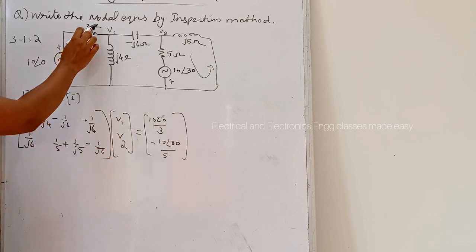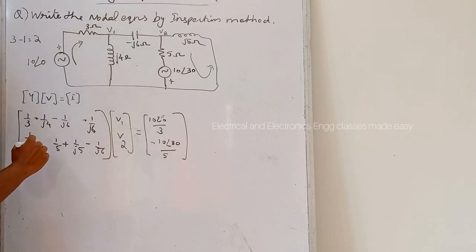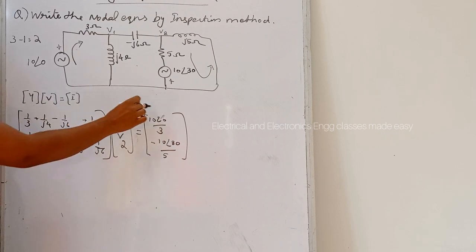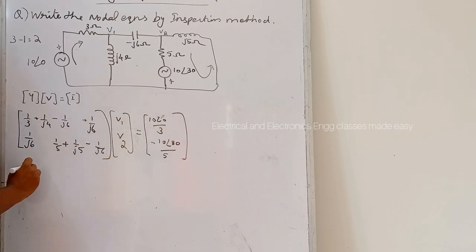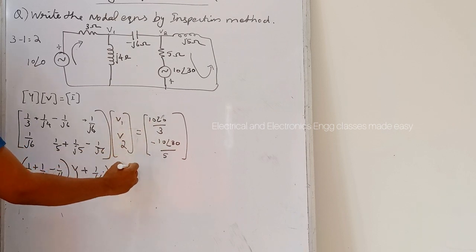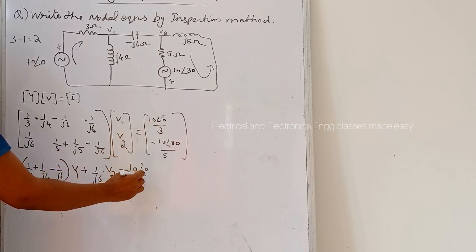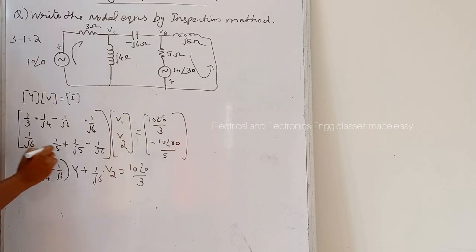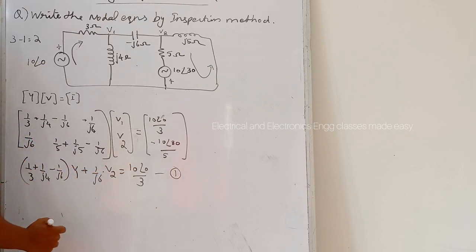Then our question is to write the nodal equations. So we can write this in equation form like (1 by 3 plus 1 by j4 minus 1 by j6) into V1, then plus 1 by j6 into V2 is equal to 10 angle 0 divided by 3. So this is the first nodal equation.